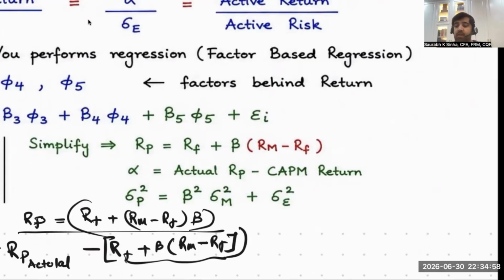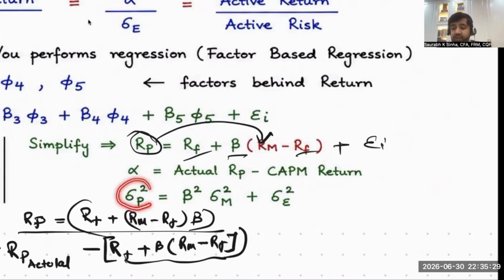Now, how do we get the standard deviation of the error term? First of all, the standard deviation of the portfolio can only come from two reasons: the standard deviation of the market into beta, plus the error in forecasting. You cannot have a standard deviation of RF because the standard deviation of RF is zero. So that is what is written here.